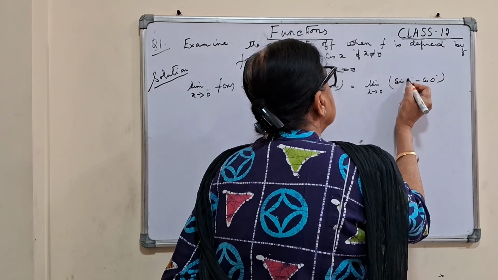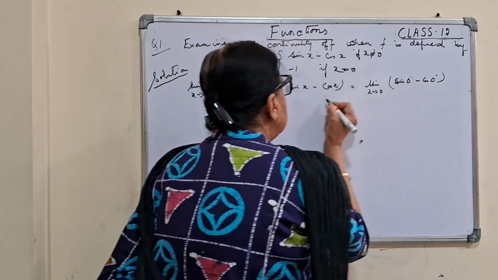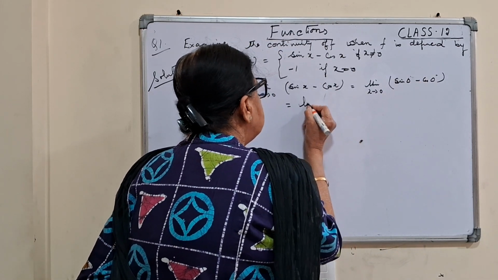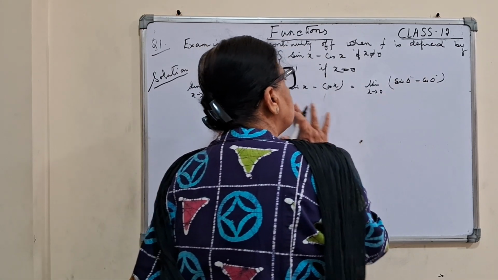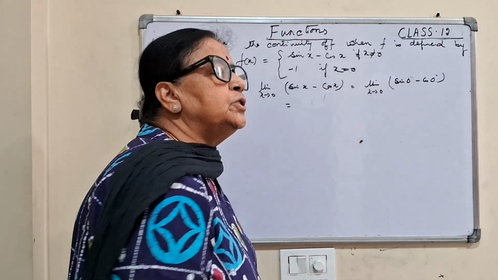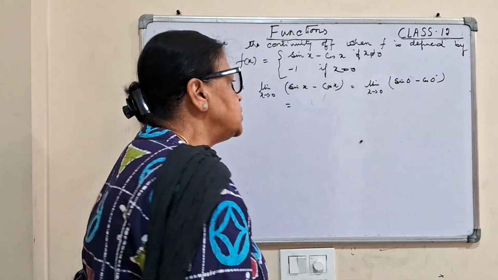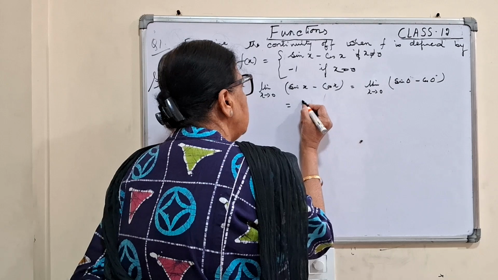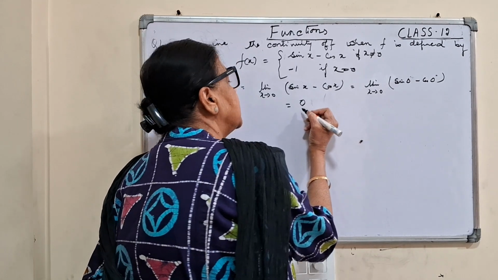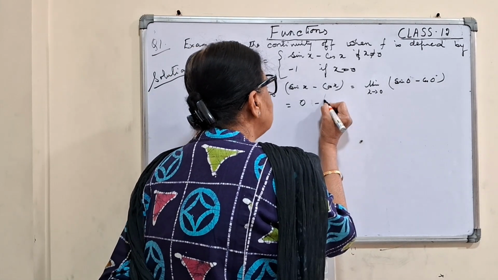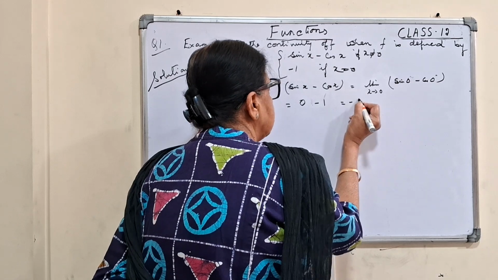I will just put the value. Sin 0 is how much? It is 0. And cos 0 is 1. We have already studied this in class 9. So 0 minus 1 is equal to minus 1.